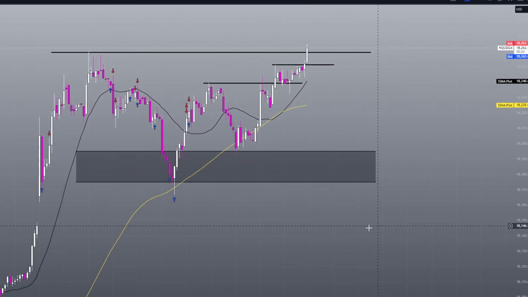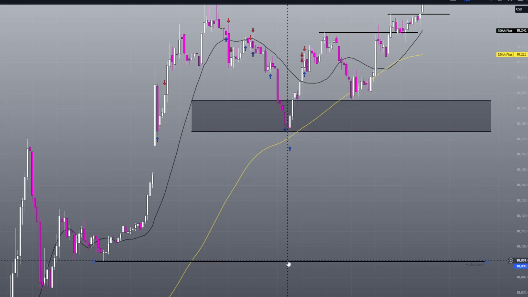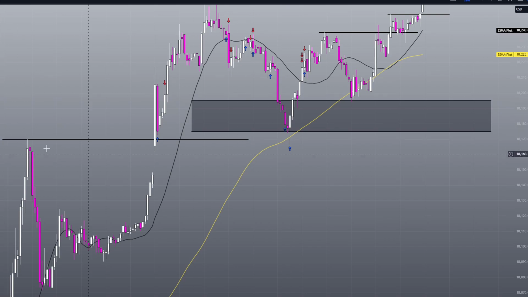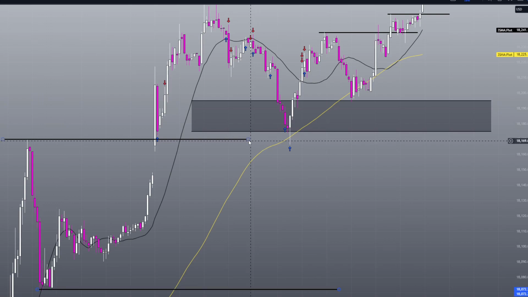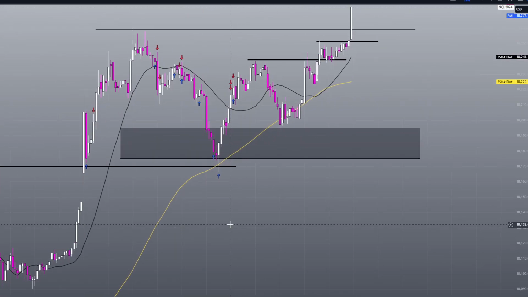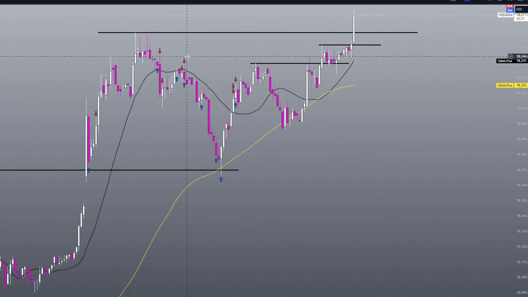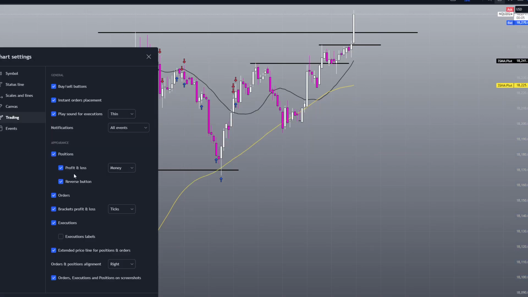If you're wondering how that might look, I'll give you a nice example right here. So let's say we're using this low, right? This swing. So right here, right? Let me get rid of these guys too and get rid of my executions.